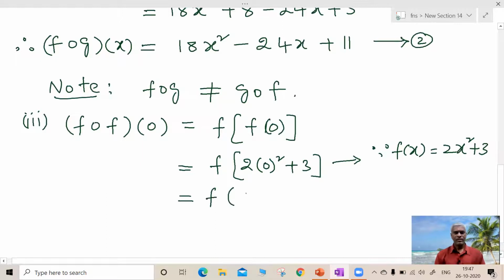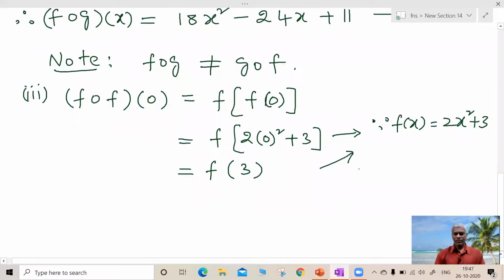So this is 0 + 3, that is 3. Again by using the f function, f(3). So we substitute 3 in place of x in the f definition, that is 2(3)² + 3. This is f(3).